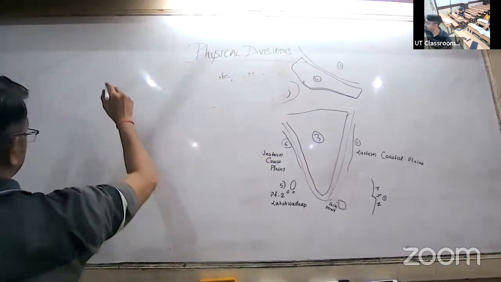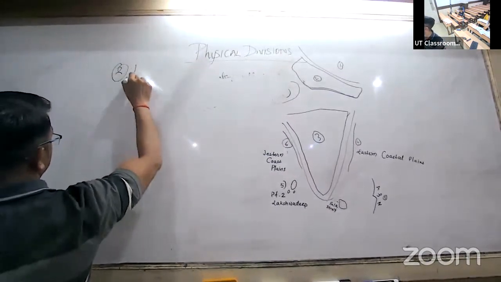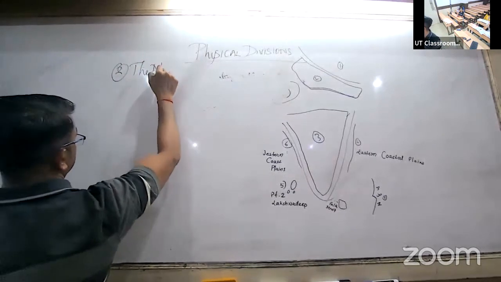Again, the main point on the second division is the northern plains.